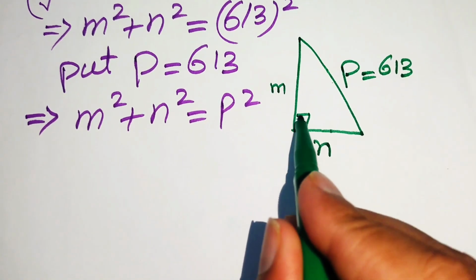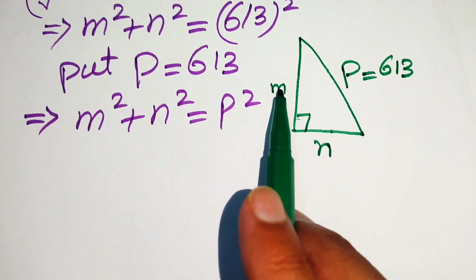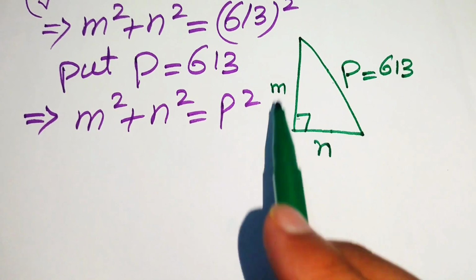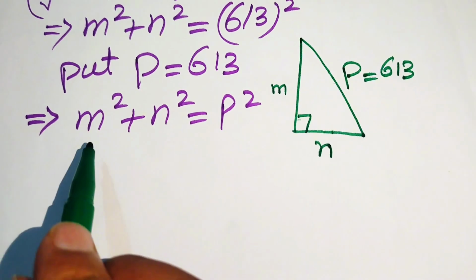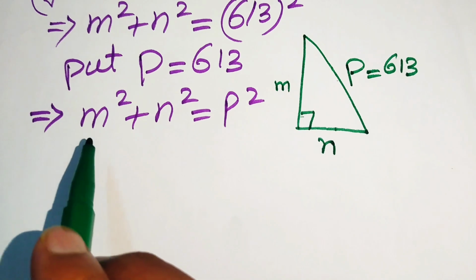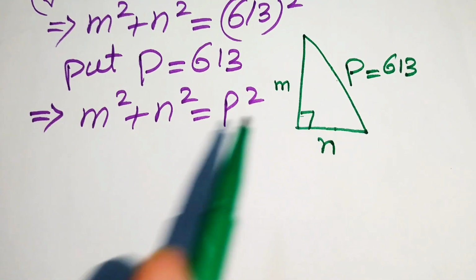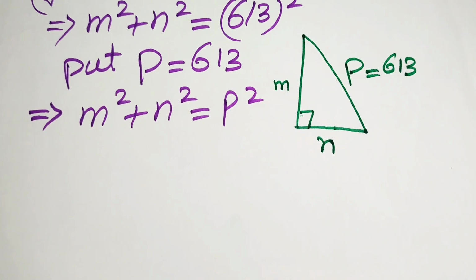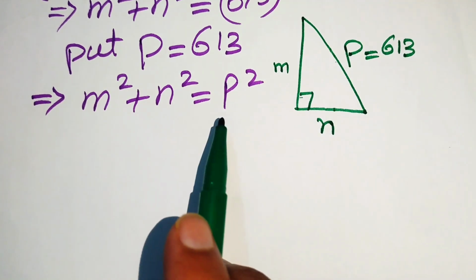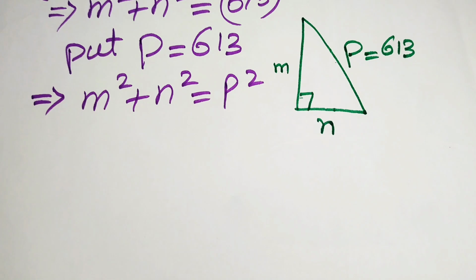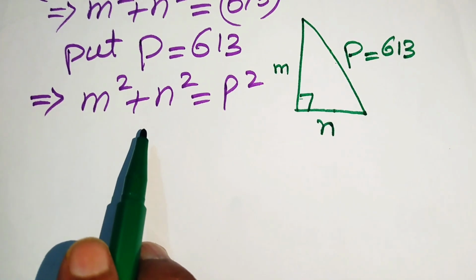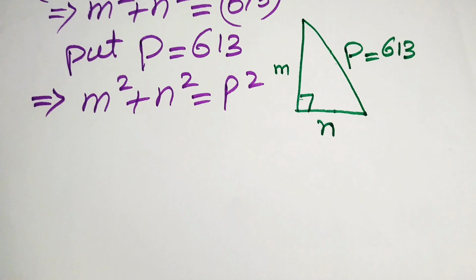So m square plus n square equals p square. It means this is the Pythagoras theorem, with m, n and p being the side lengths of this right triangle. So we generally suppose any values of m, n and p which satisfy this Pythagoras theorem.